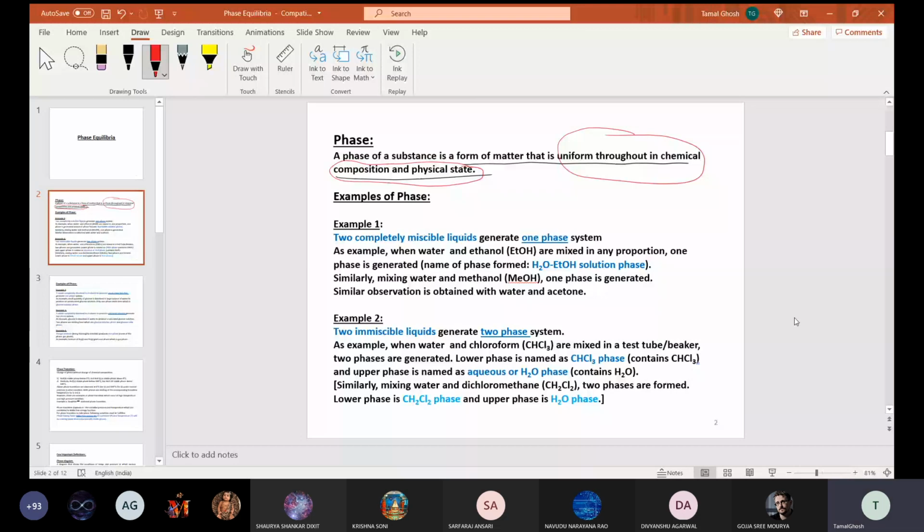Now it is visible. Whiteboard is visible on your side? No, sir, still it is not visible. It is visible to someone.